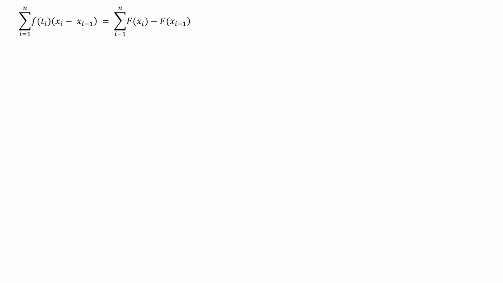What we'll do next is expand this right-hand side. So from i equal to 1 through n, we can expand it into F of x sub 1 minus F of x sub 0, because 1 minus 1 is 0, and so on. And then here we can see that we can cancel out some terms. So F of x sub 1's cancel out.